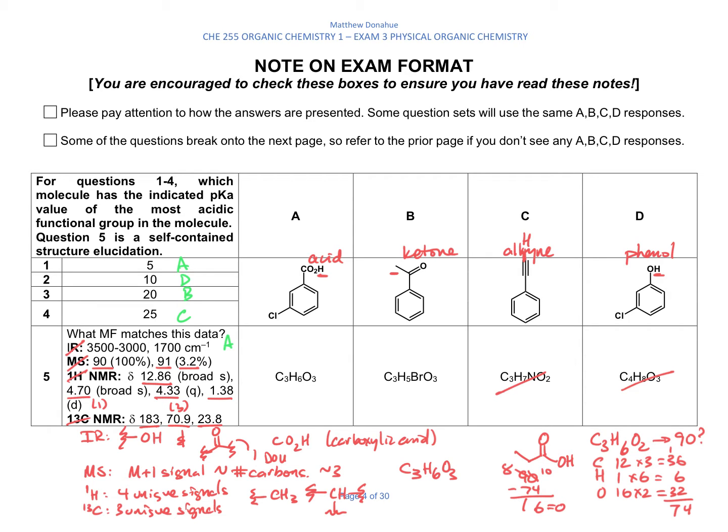There's no bromine based on the mass intensities of the M and the M+2. So it is C3H6O3, and then where does the other oxygen come from to meet the requirements? So the structure is that it's going to be 2-hydroxypropanoic acid.